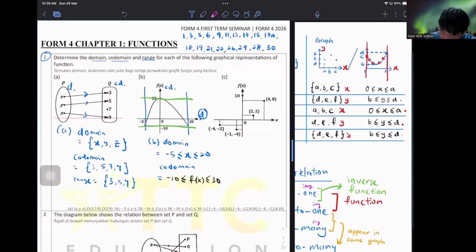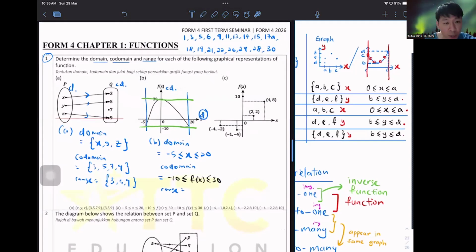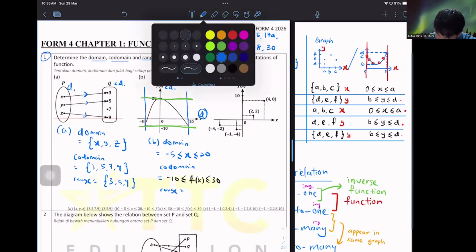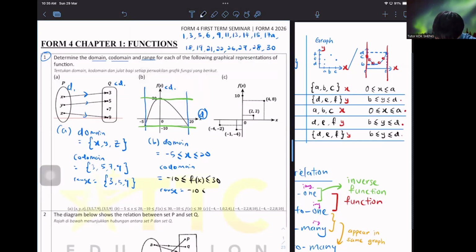Okay, last range. So range here same as the image. So this one same as the codomain. Okay, just copy the same answer only. Fx.